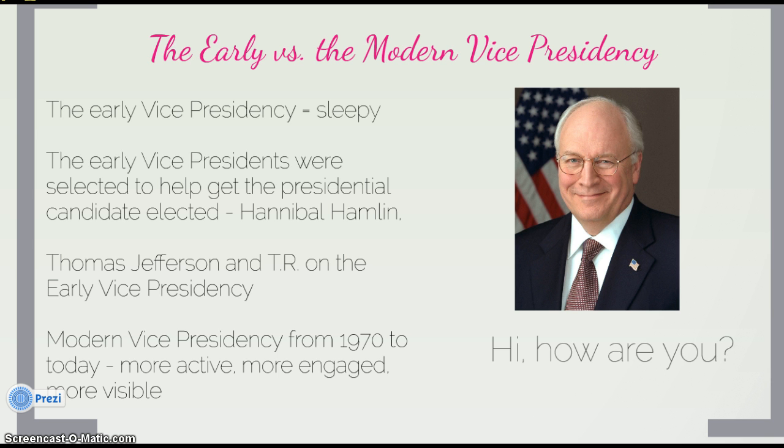You have to remember that Tennessee was the first of the Confederate states, or actually the second of the Confederate states, to drop out of the Confederacy and stop fighting in the Civil War. And so Lincoln said, I want Southern support, so he picked Andrew Johnson as his vice president. So really, vice presidents helped presidents get elected.